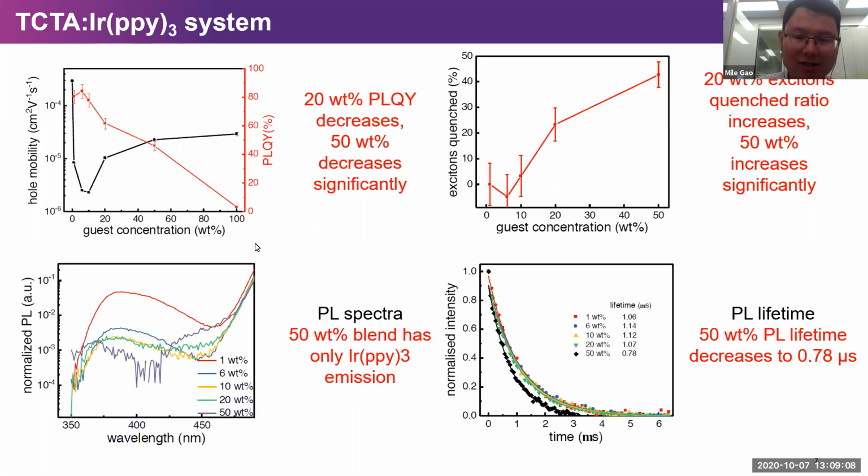We can see that for the films containing 1 to 10 weight %, the PLQY is pretty high at 80 to 85%. But when the doping ratio increased to 20%, it decreased significantly, and at 50% to the neat RP, it decreased a lot along with the concentration.